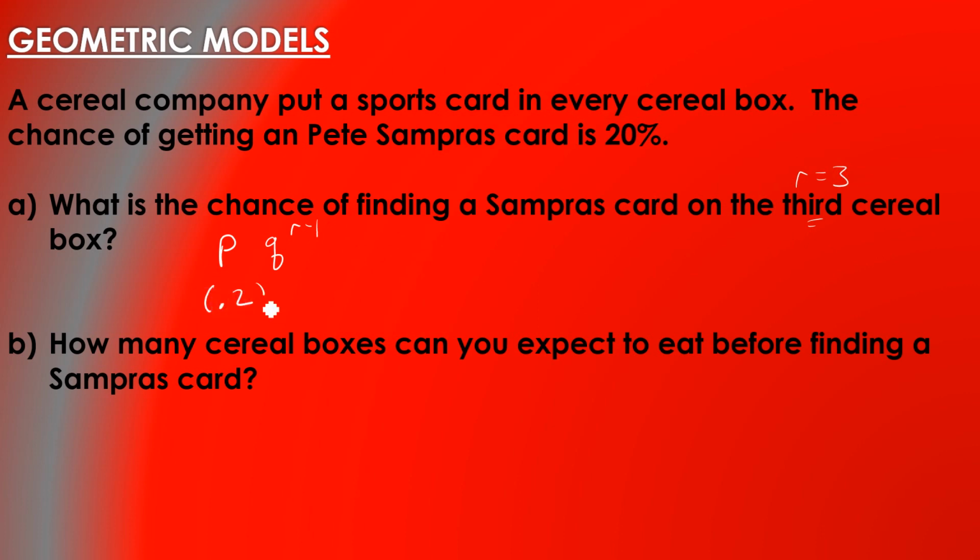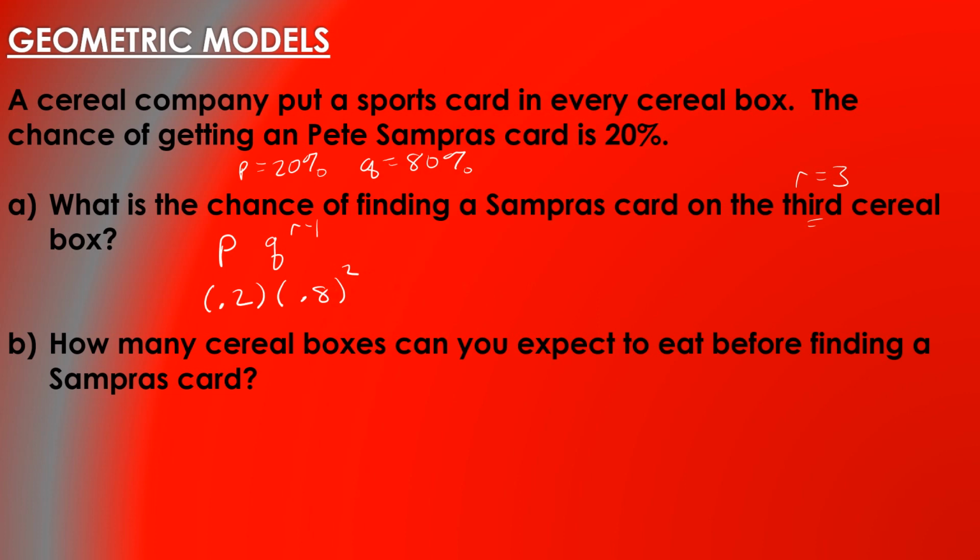So we're going to do 0.2 times, now Q is failure. So P is a 20% success rate, well then Q is an 80% fail rate. So 0.8 is our failures. So we have 3 tries, so R minus 1, 3 minus 1 is 2.